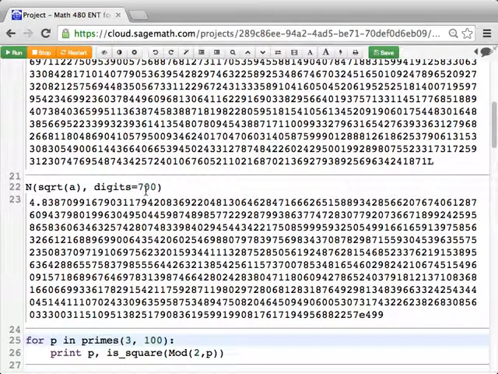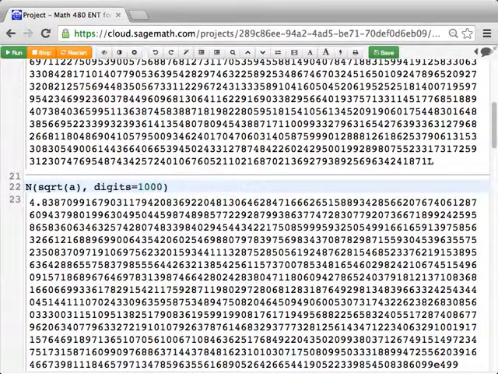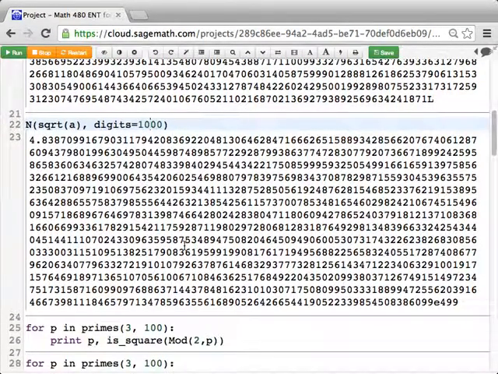I want more digits. If it were a perfect square, there would be a lot of zeros at the end, but there aren't, so it's not a perfect square. Simple as that.